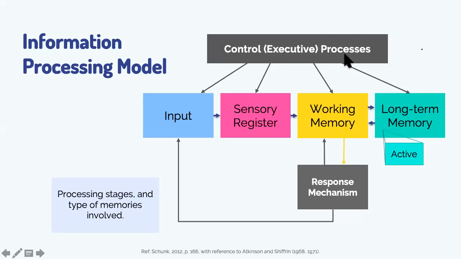So we do have short-term memory processes that we call the executive function. It's actually like a control process. We receive input from our senses. Human beings have five senses, and there are inputs that come to our sensory register.